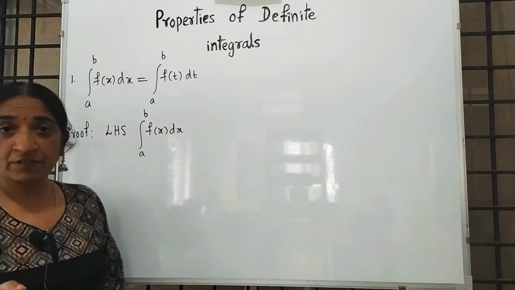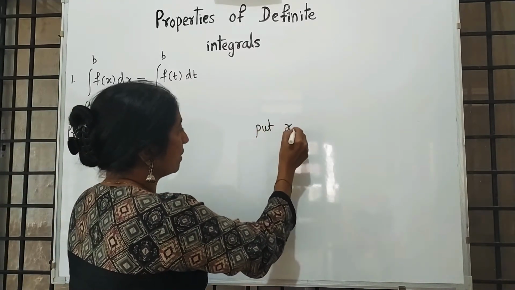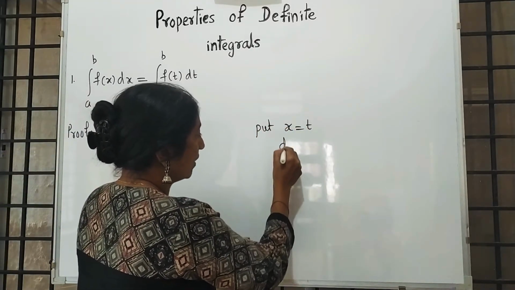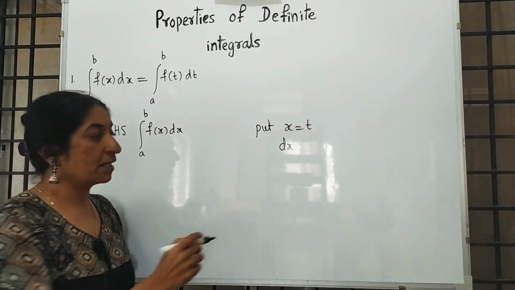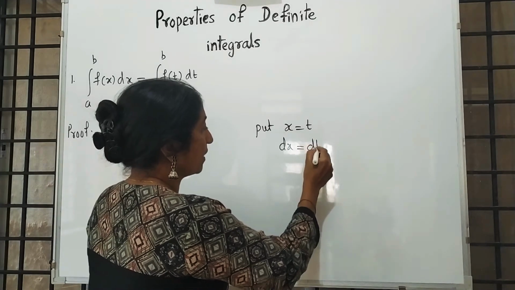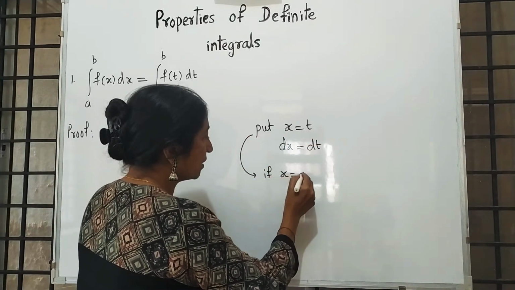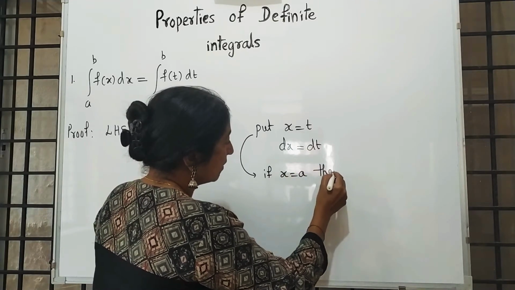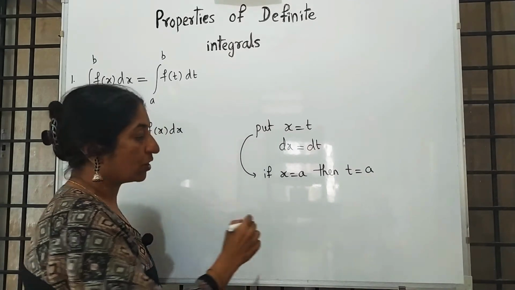Already you are familiar with the substitution. So how are you writing? Put x is equal to t. Whenever you apply the method of substitution, we have to differentiate. dx is equal to dt. And in this equation, if x is a, then what is t? t is also a, because x is equal to t.